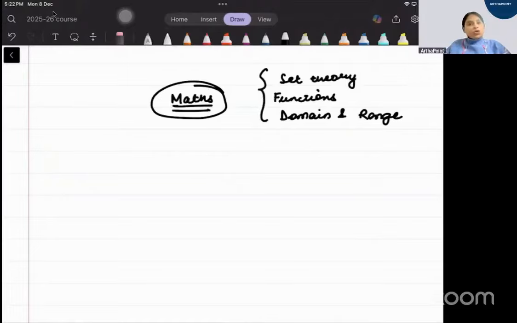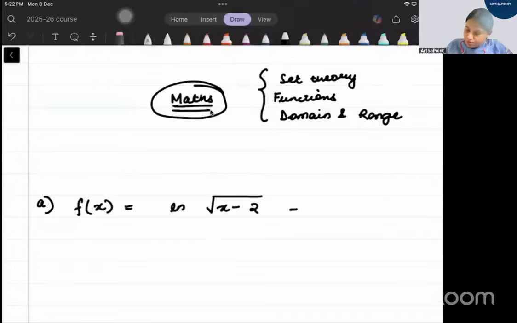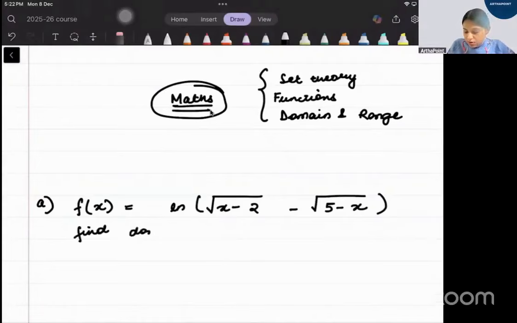Okay. Question number 1 for the day. You're given a function ln of (x minus 2 under root minus 5 minus x under root), and you have to find the domain of the function.